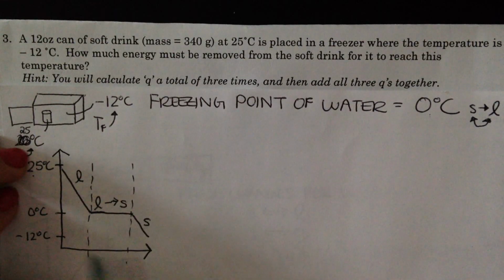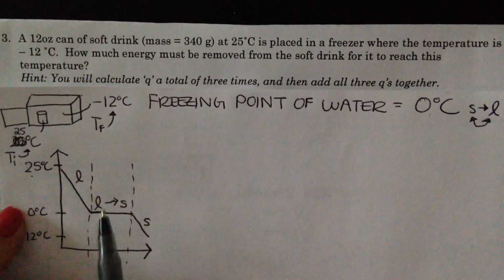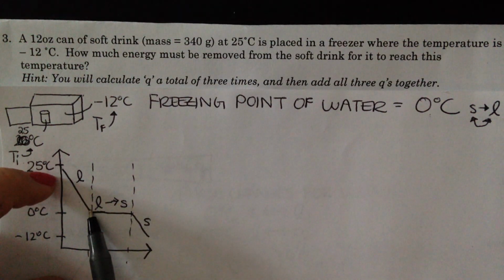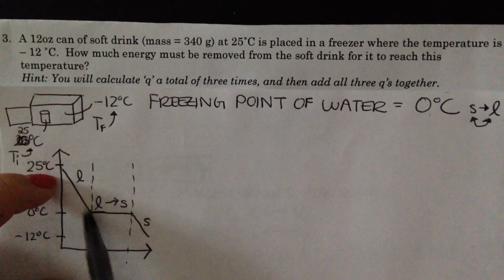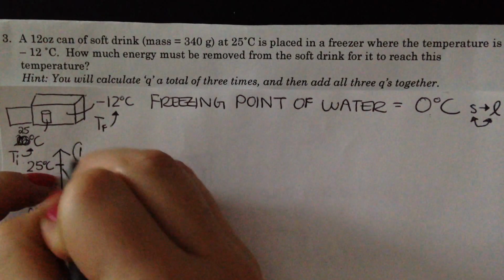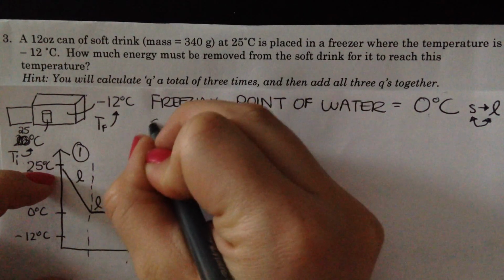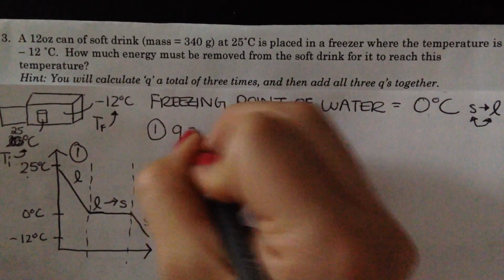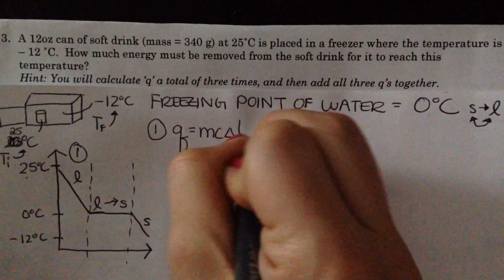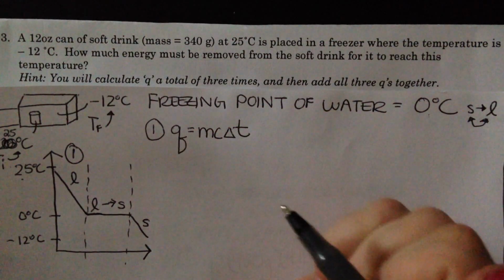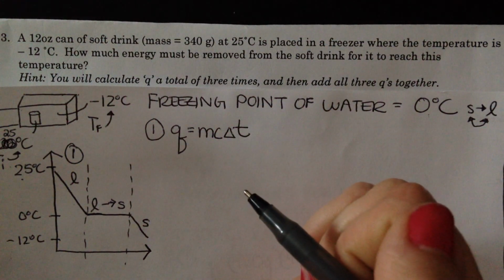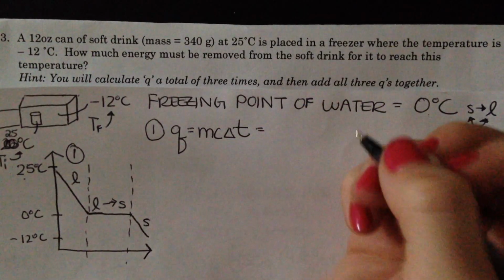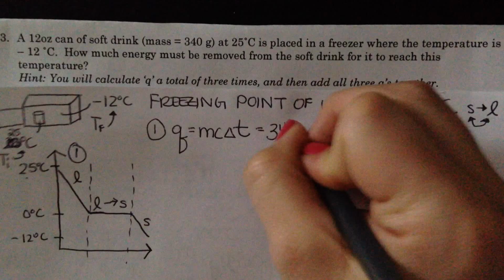So let's start off calculating these Q's. Looking at just cooling down the pop from 25 to 0, I have a temperature change. So in my first Q, I'm going to calculate that using the equation that has a temperature change in it, Q equals mc delta T, where my M is the mass of the pop, 340 grams.